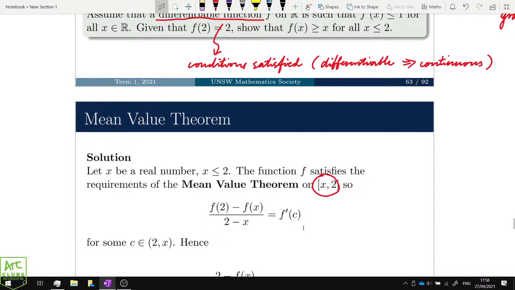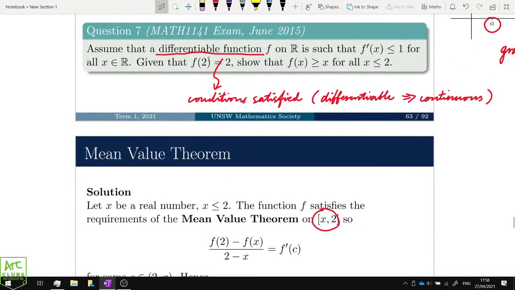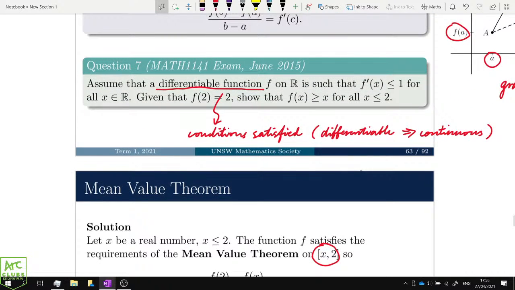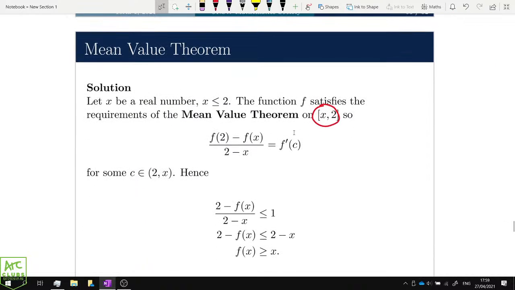Now, we've been given in the question that f2 is equal to 2, so we can simply substitute that into our equation, f2 is equal to 2. And then, because we know our f dash x is smaller than or equal to 1 for all real x, we can replace our f dash c with smaller than or equal to 1.